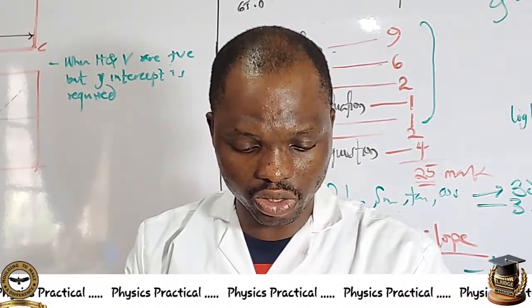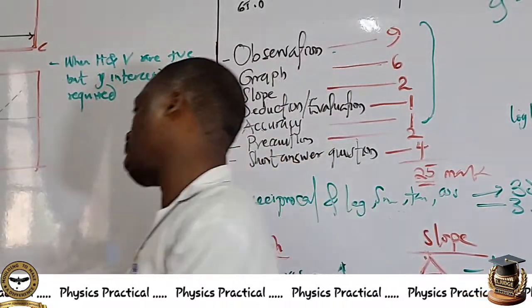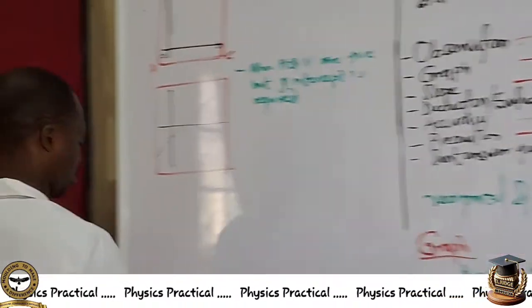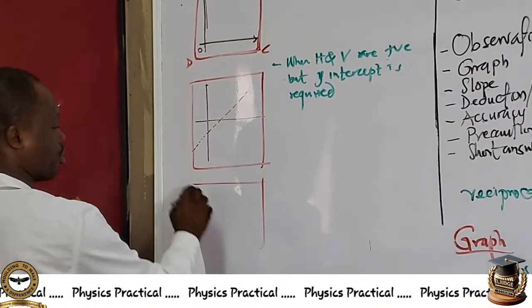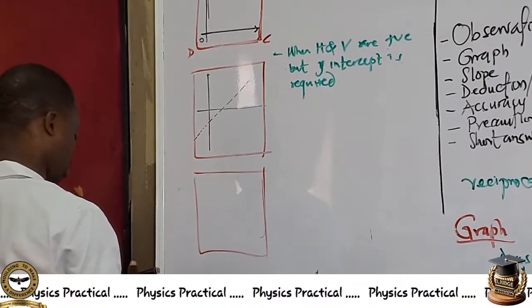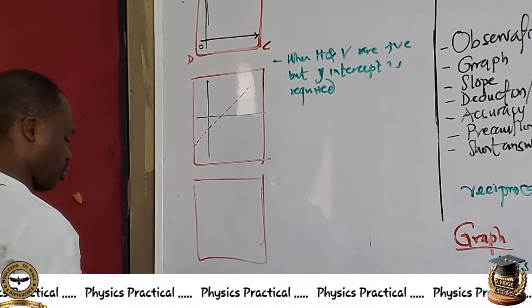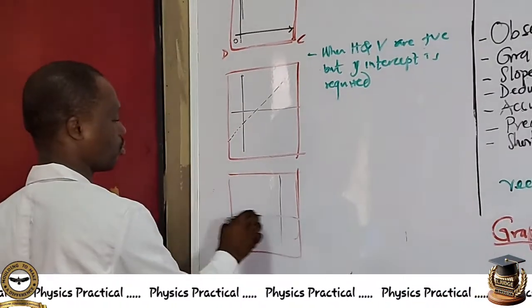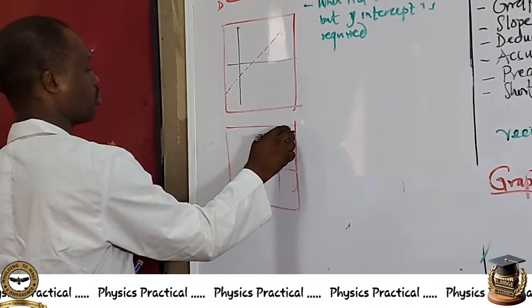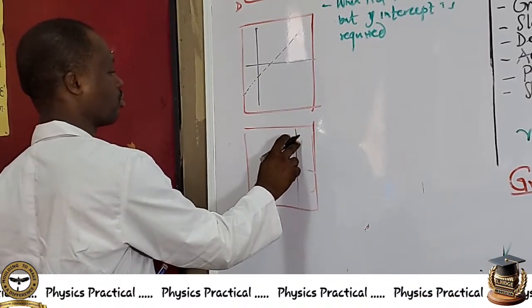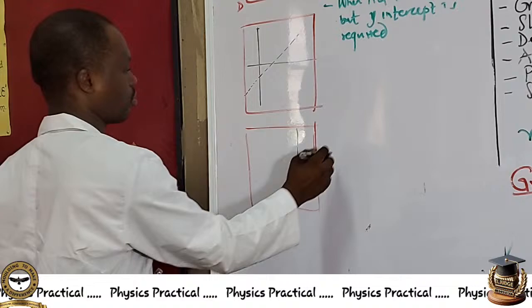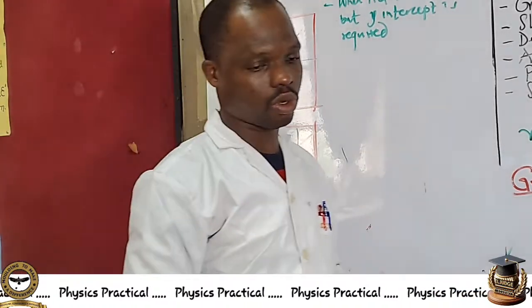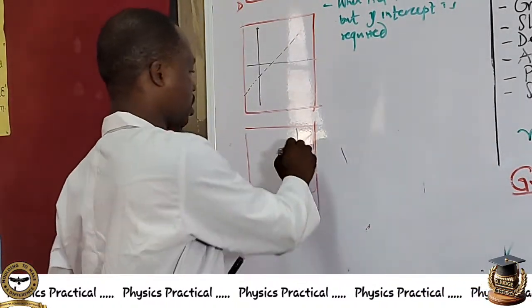If the intercept on the horizontal axis will be negative, the graph will look like this.